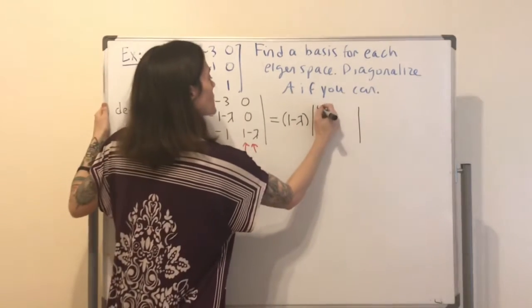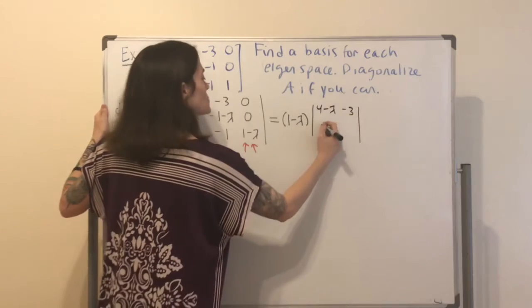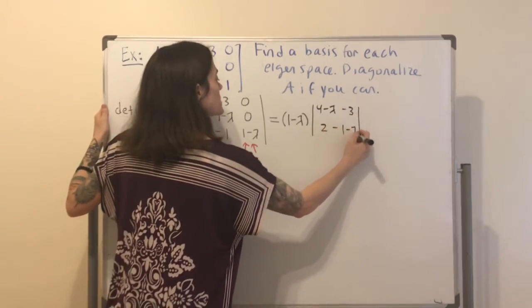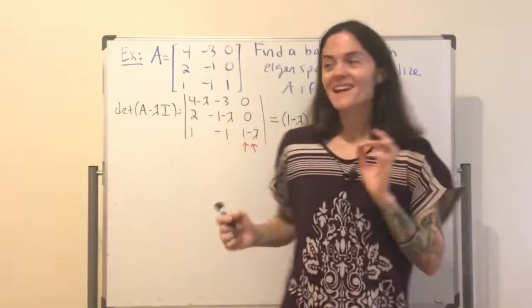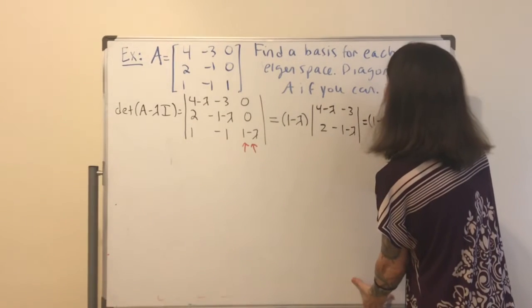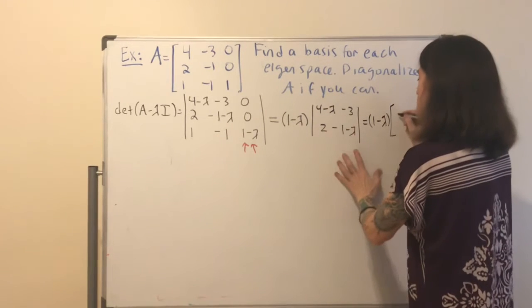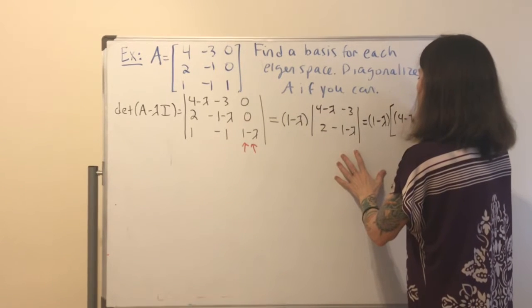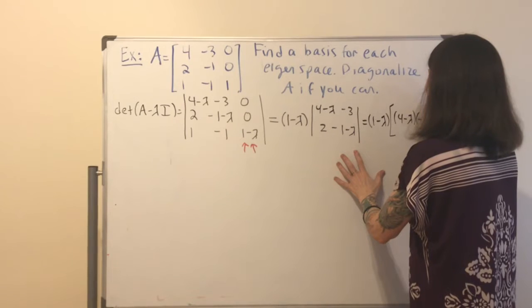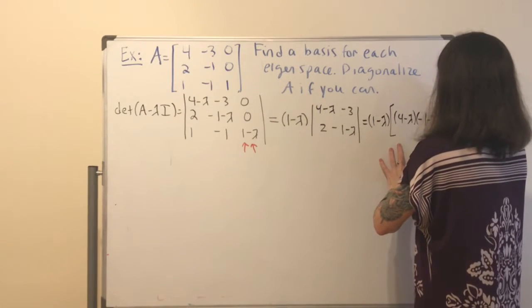So this is 4 minus lambda, minus 3, 2, minus 1 minus lambda. And if I keep going over here, I get 1 minus lambda times these two, 4 minus lambda times minus 1 minus lambda, and then plus 6.